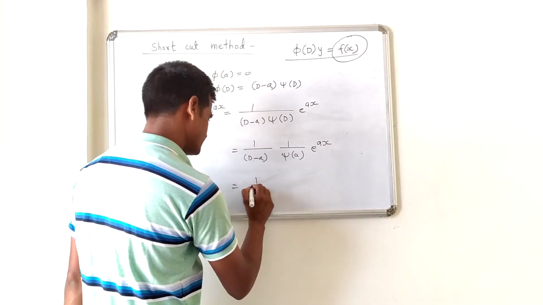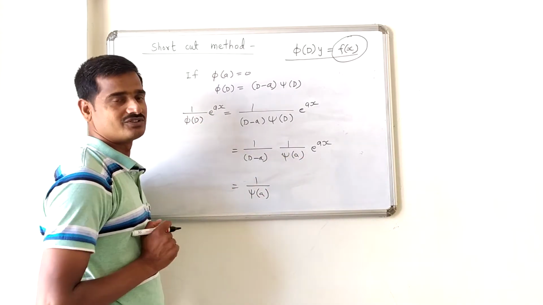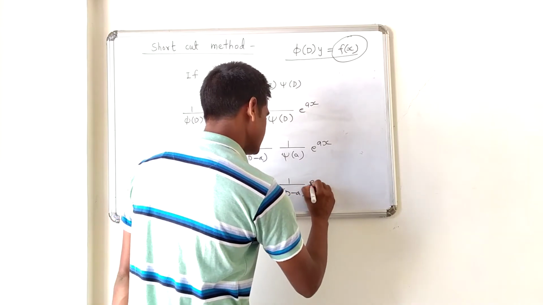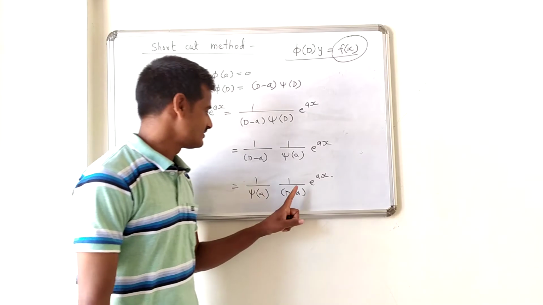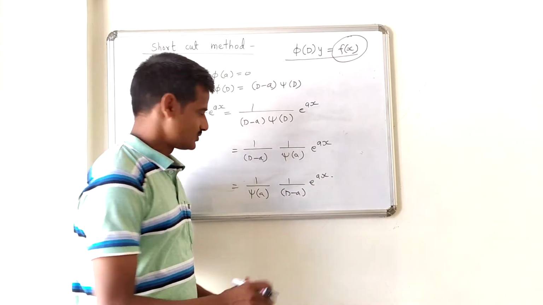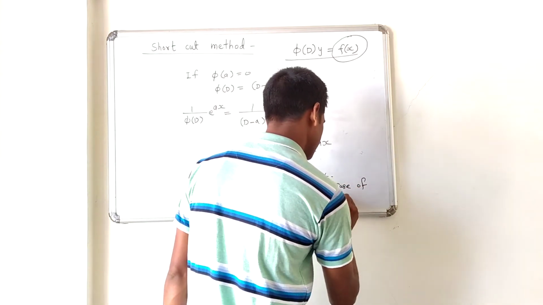Now it is a constant, so you write it to the left hand side of the operator, and then 1 upon D minus a operated on e to the power ax. As per our procedure, you replace D by a, but a minus a is 0. So this is called the case of failure.